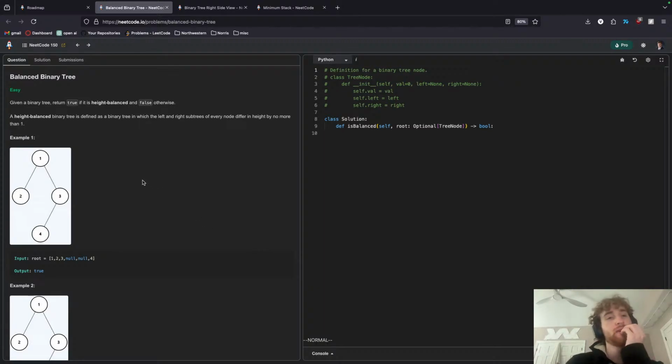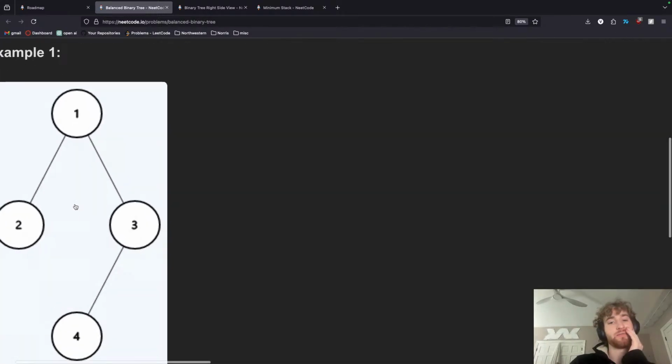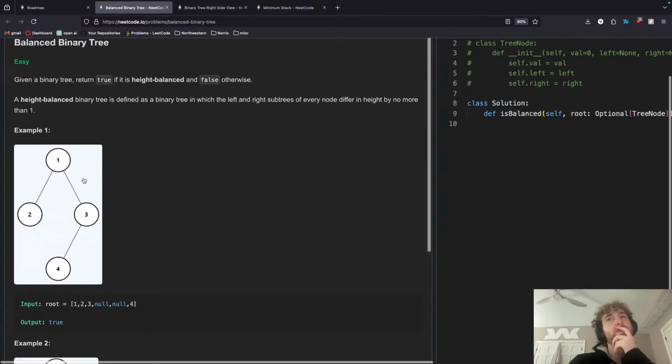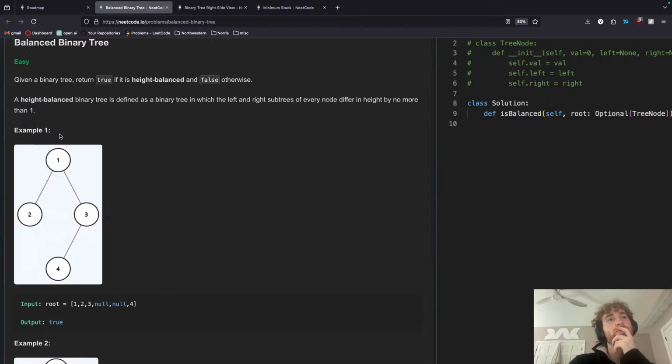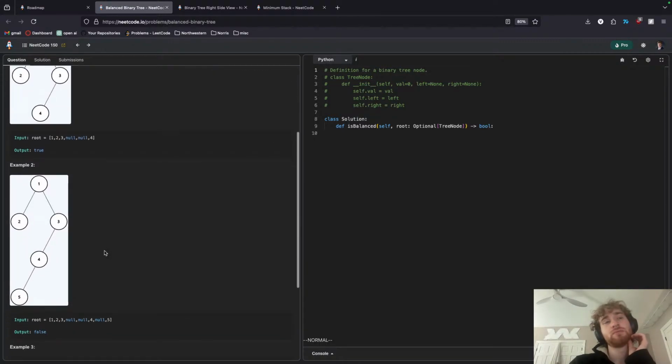So again, maybe as it goes down, we make a DFS that returns a bool or something. We could return the height at every node, but that's pretty expensive.